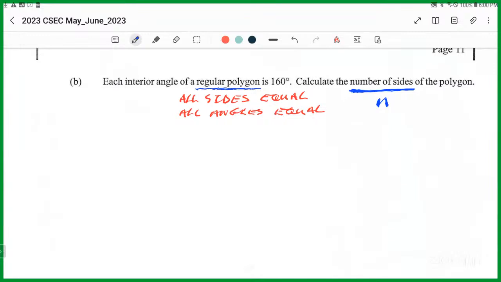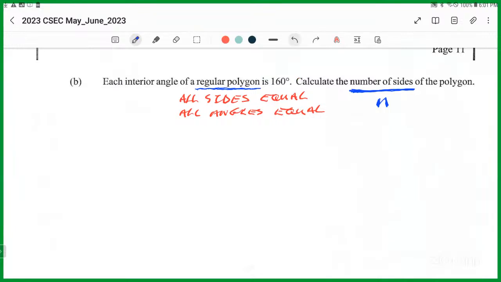The total exterior angle is always 360. Total exterior angle is 360. If it's regular, each of the interior angles is the same, and each of the exterior angles is the same. We also know the sum of the interior and the exterior angle is 180 degrees. If each interior angle is 160, then the exterior angle is 20.